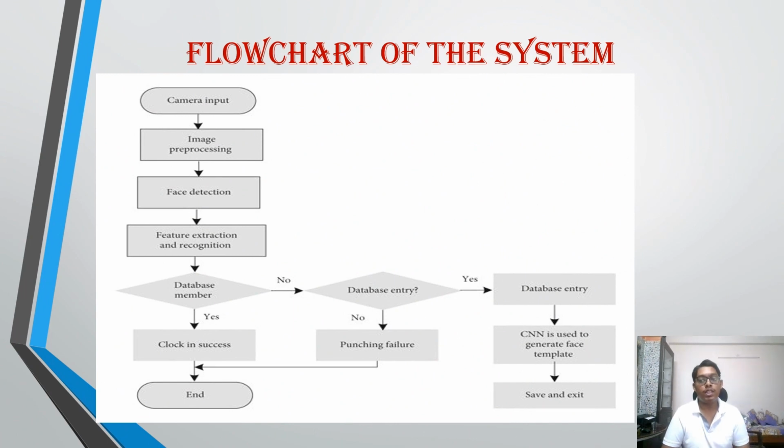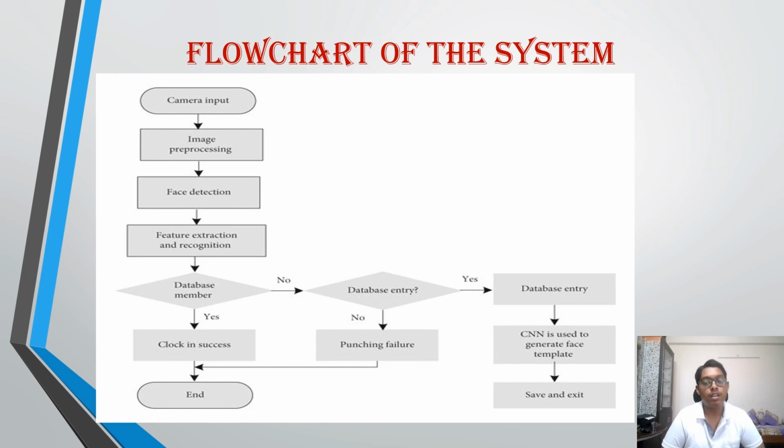The flowchart of the system. First, we open the camera and show the face. It does some image processing, then face detection, and then feature extraction and face recognition. Then it checks whether the extracted features are recorded in the database.